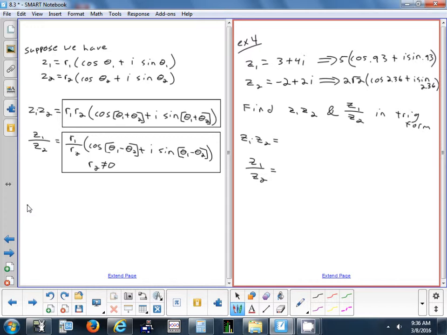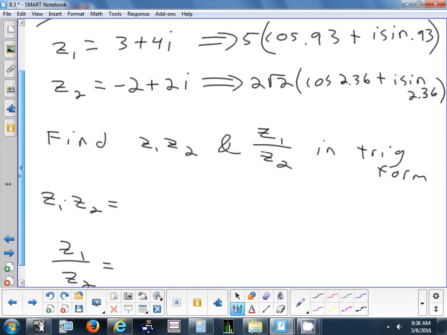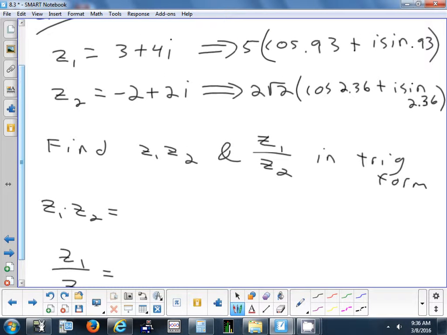All right, so let's find z1 times z2. What is my radius going to be when I multiply z1 times z2? Well, Brian? 10 square root of 2. Yeah, 5 times 2 square root 2 is 10 square root 2. And when I'm multiplying, what do I do with my angles? Add them.